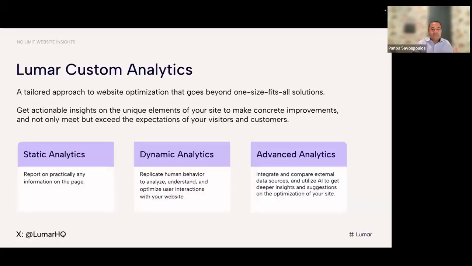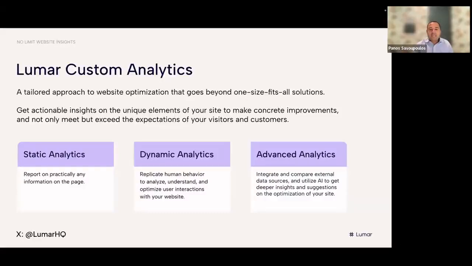Dynamic analytics, so this is the opportunity to be able to replicate certain behaviors on your website to understand and to optimize user interactions. Thinking about tracking copy changes at scale, we easily allow our customers to be able to identify changes in text or module content and then compare that with traffic data to understand how successful those changes can be.